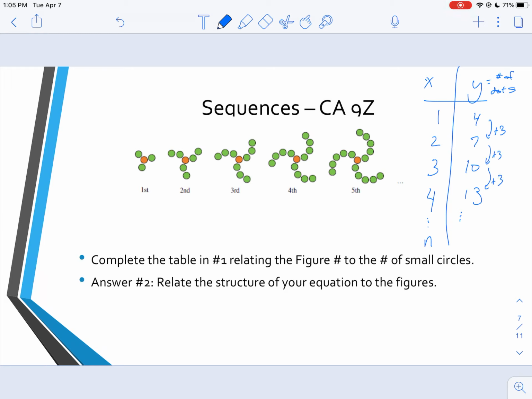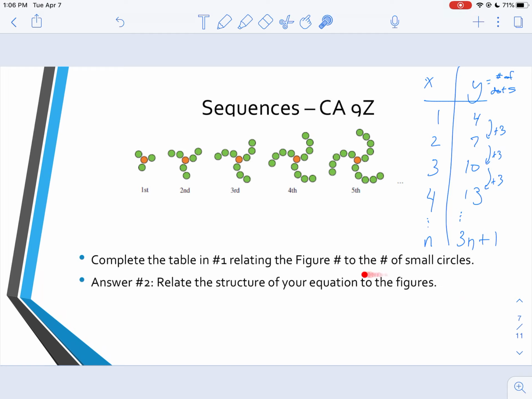They start looking and seeing this is going up by 3 each time. And so they've learned over the years that that means it's 3 times n. And then they go back and check and say 3 times 1 is 3, so that's not quite right. It's 1 less. 3 times 2 is 6, 3 times 3 is 9, 4 times 3 is 12. So each time it's always just 1 less. So I want to adjust it. I want to add 3n plus 1. And that's fine. That's a great way to look at it.